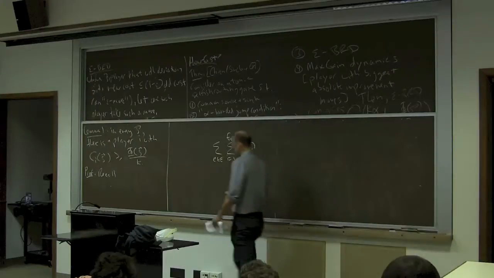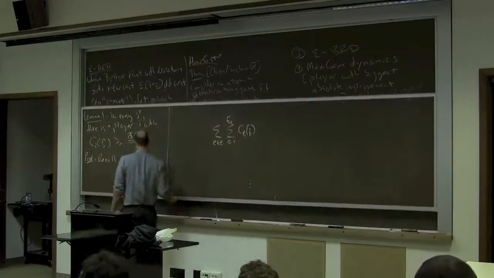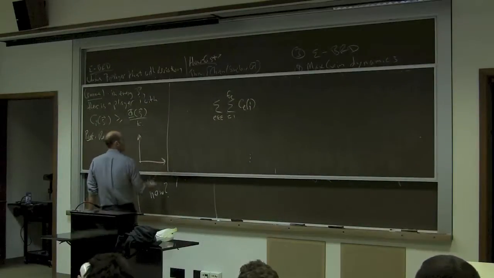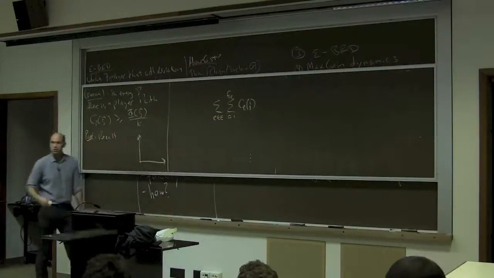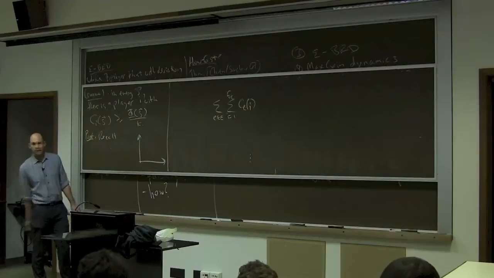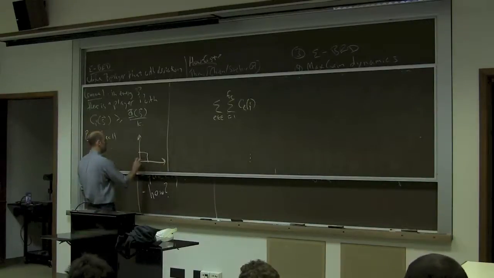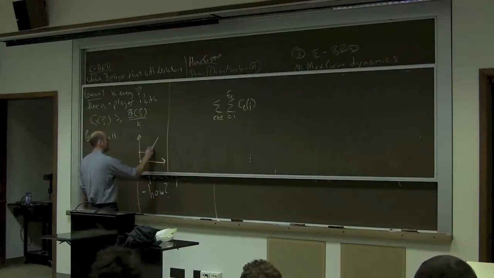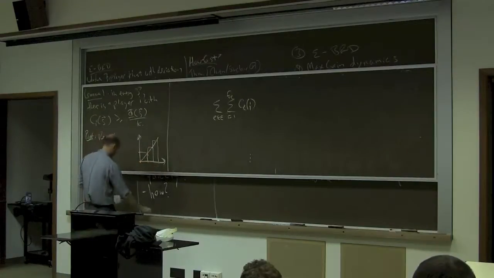So I'll draw you a picture that I've drawn for you once before. So on a given edge, you can think of the potential as just basically integrating, okay, the area under a curve. Okay, so if this is sort of a cost function, then here's your potential function value.